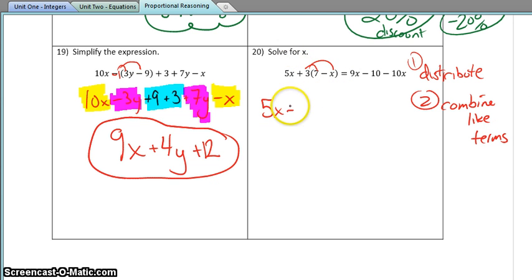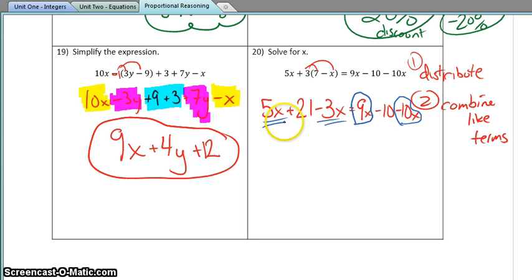5x plus 21 minus 3x equals 9x minus 10 minus 10x. Sorry that it's a little crowded over there. I'll change colors. Combining like terms, because that's what we need to do next. On the same side of the equation, 5 minus 3, 2x plus 21 equals 9 minus 10, negative 1x, or negative x minus 10.